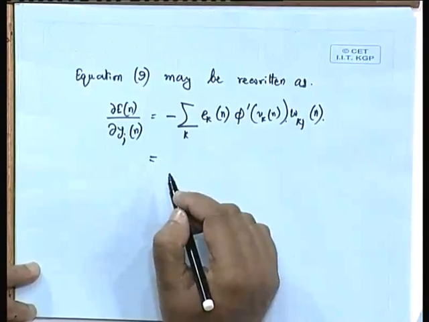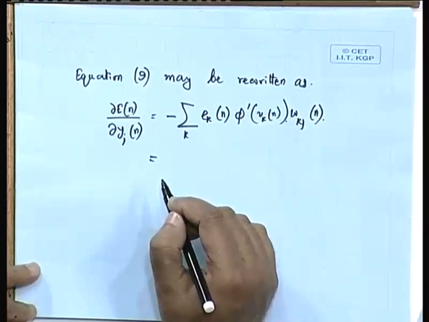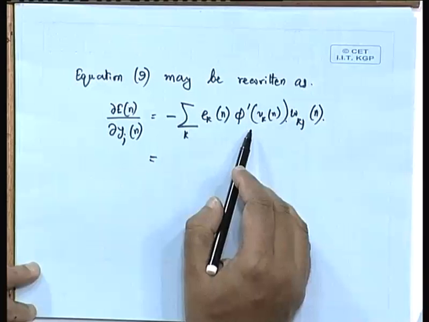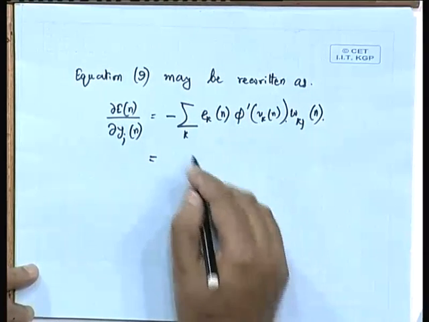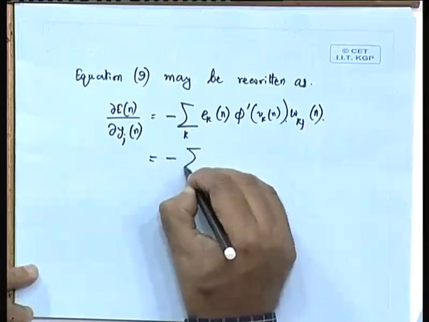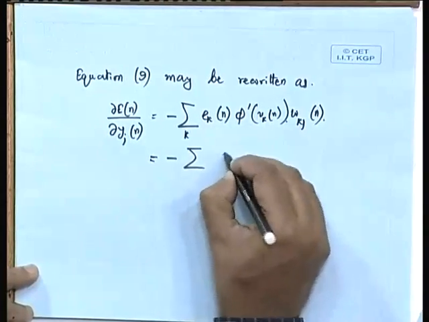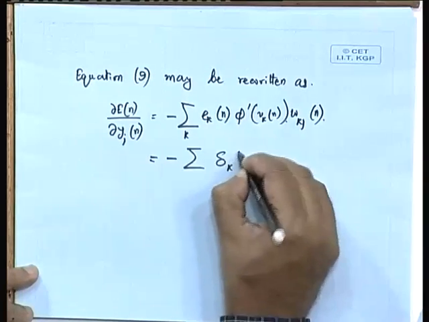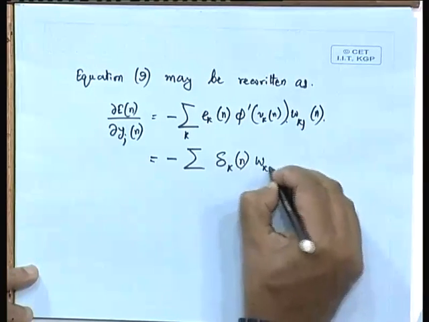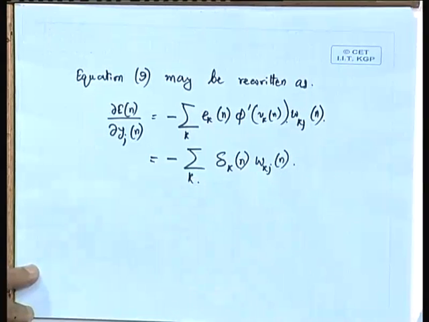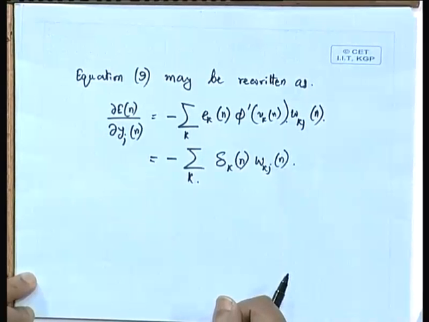Just tell me what is this minus of Ek phi dash Vkn. Delta k, okay. So this Ek phi dash term is equal to delta k. So this is equal to minus of delta kn times Wkjn, and I have to sum it up over k, okay. So this is interesting.